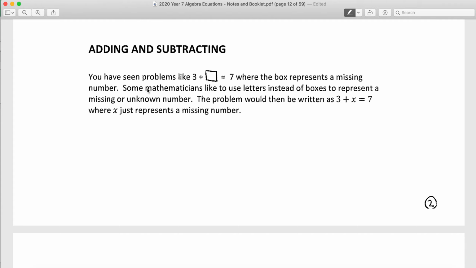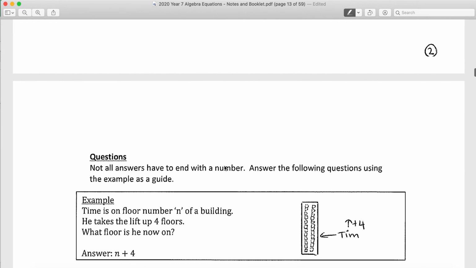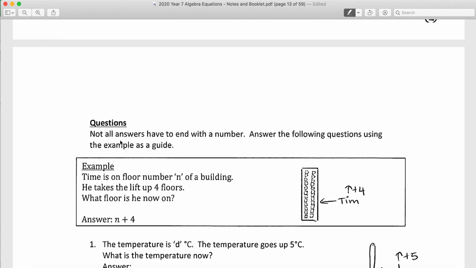When you're doing algebra, when you are old enough to understand algebra, you stop using squares to represent a number. You start using pronumerals, okay? The problem will be written as 3 plus x equals 7, where x just represents a missing number. Nothing new there. If you have a question about that, you let me know.